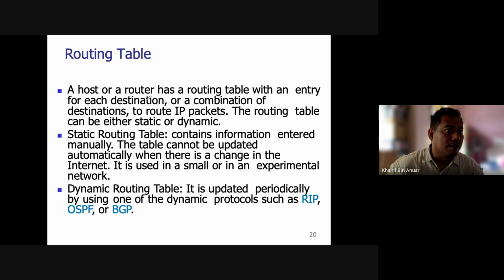But say the network is very large, and you are unable to make changes abruptly if the routing has changed due to some problem, say one of the networks goes down and so forth.